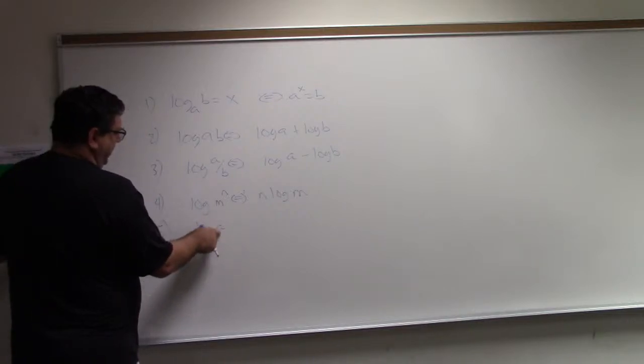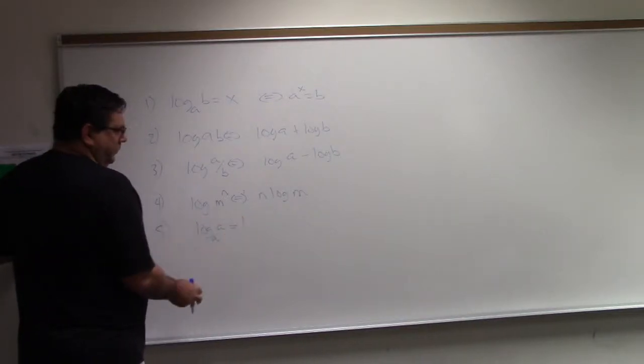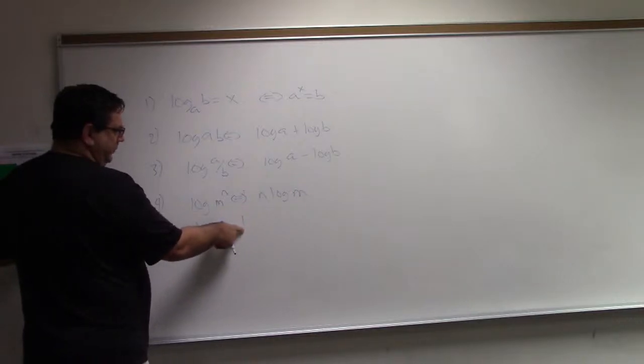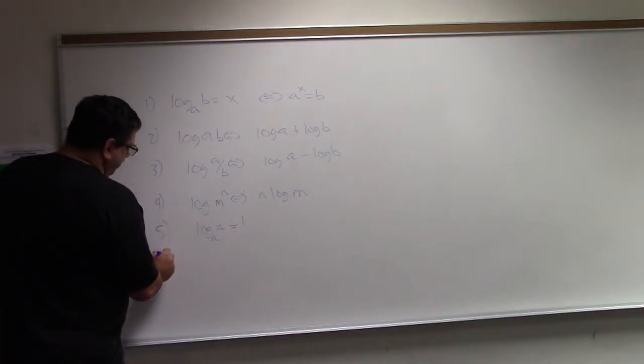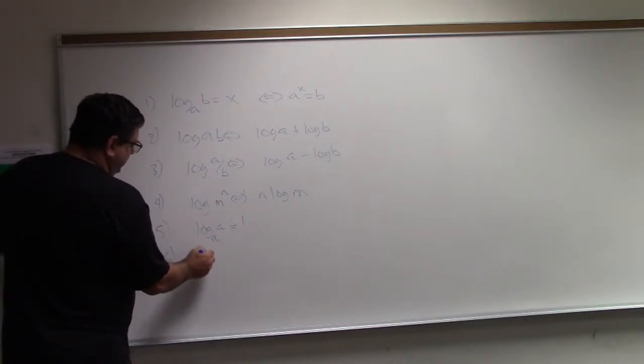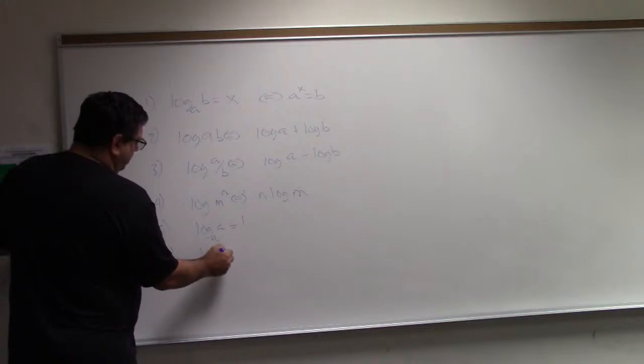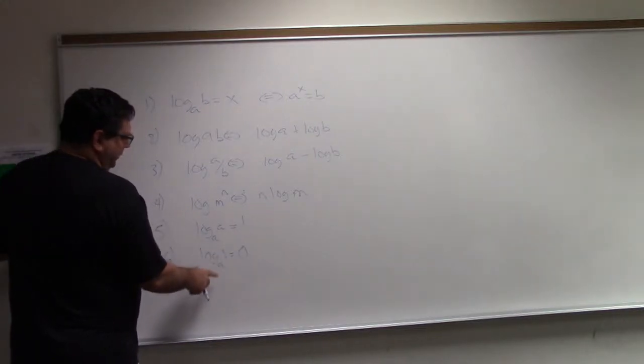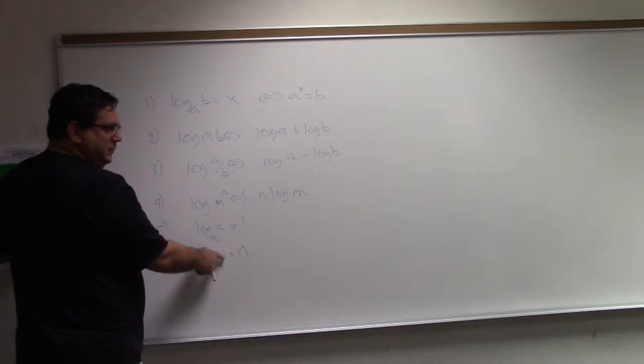If you have log base A of A, that's equal to 1, because A raised to the first power is A. And if you have log of 1, that's 0, because A to the 0 power is 1.